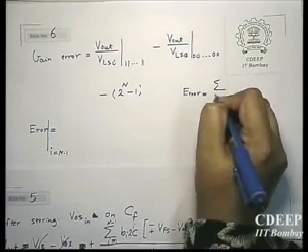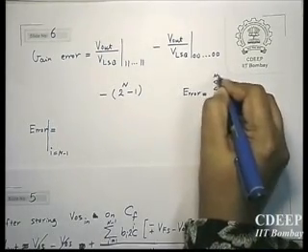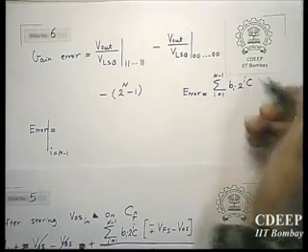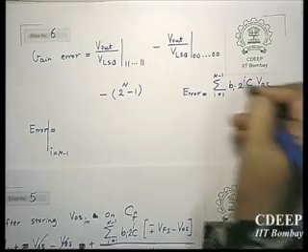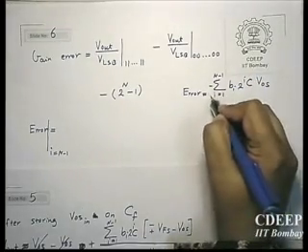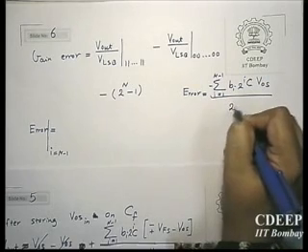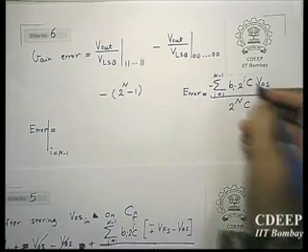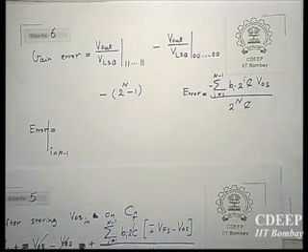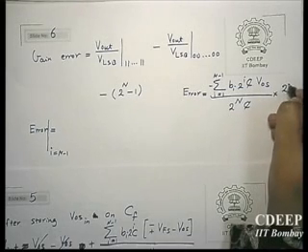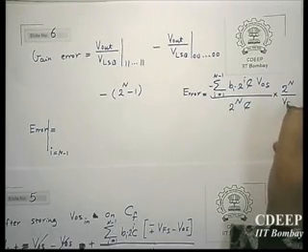It is this, with a negative sign. And then we need to scale it to 1 LSB, therefore it will be 2 to the power n upon V full scale.